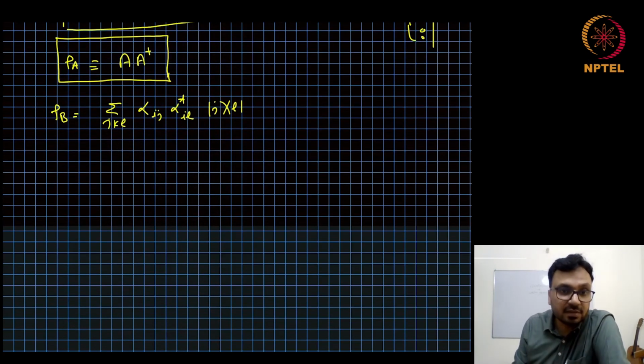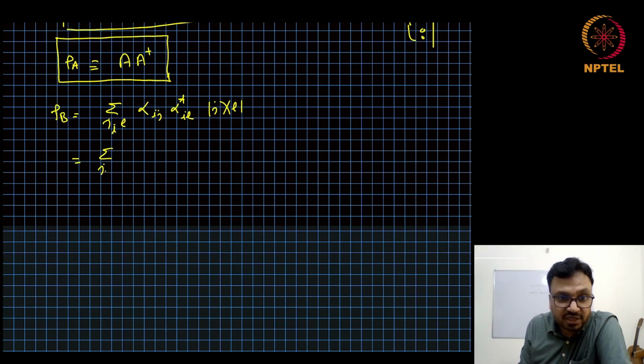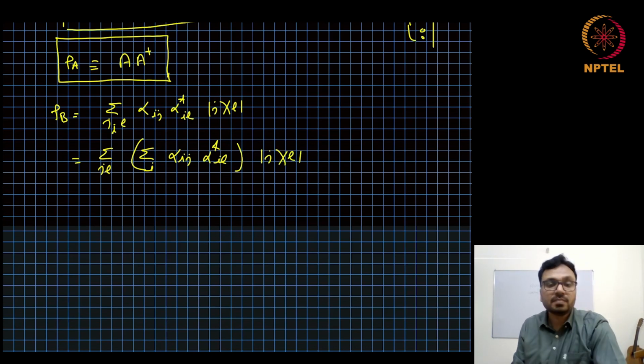After taking the trace over A we get this, and here again, instead of K I have I, so JL, sum over I of alpha_IJ alpha star_IL, JL.